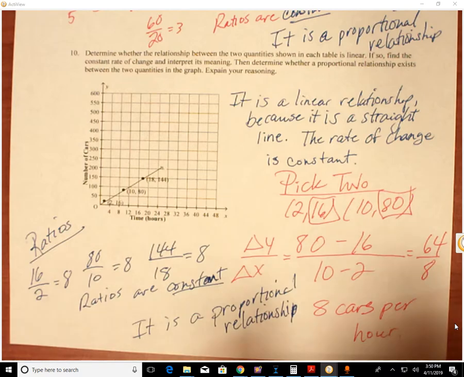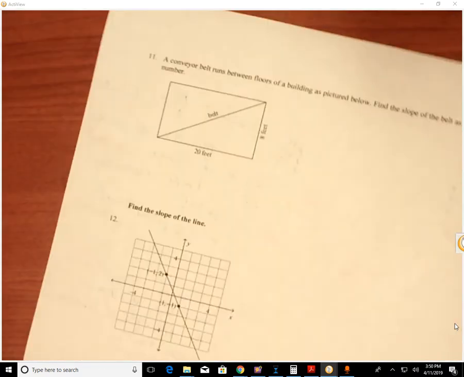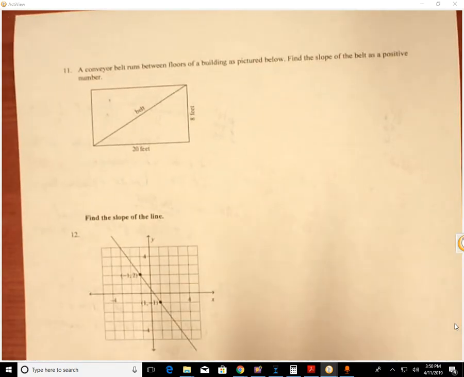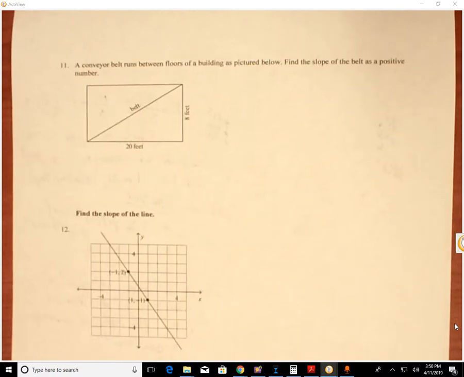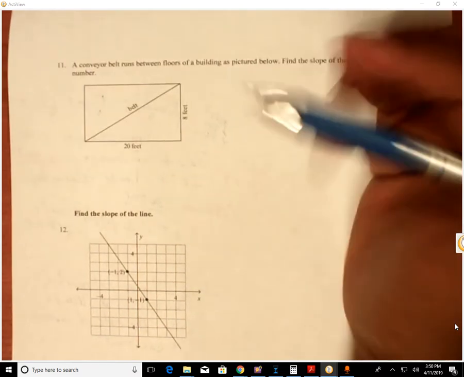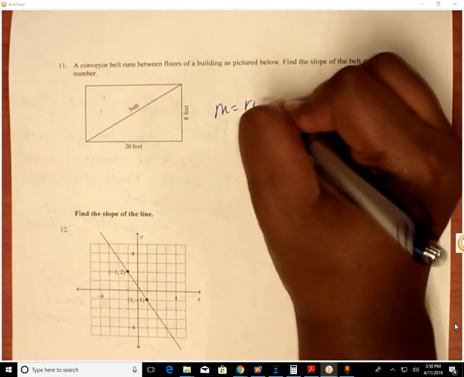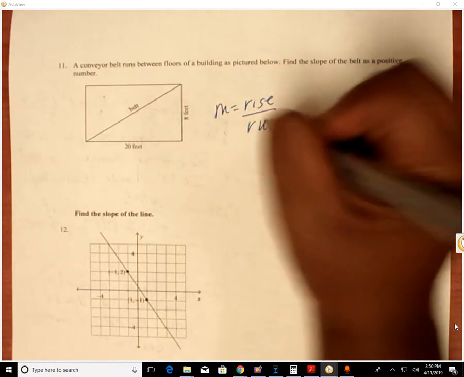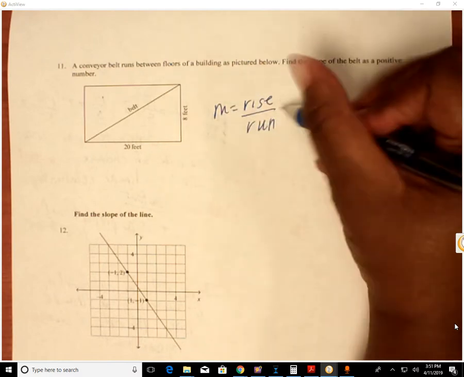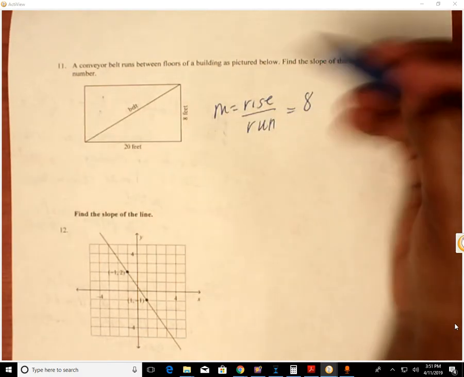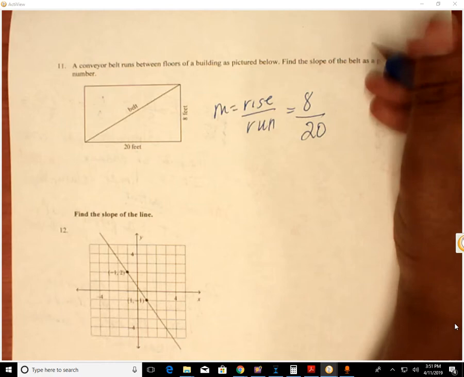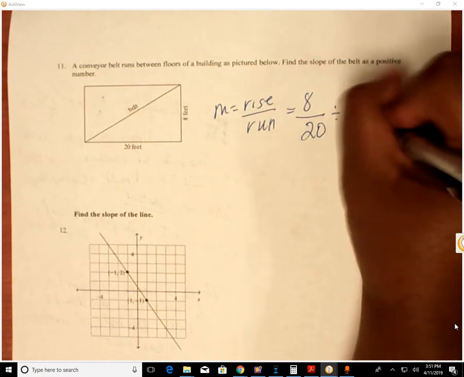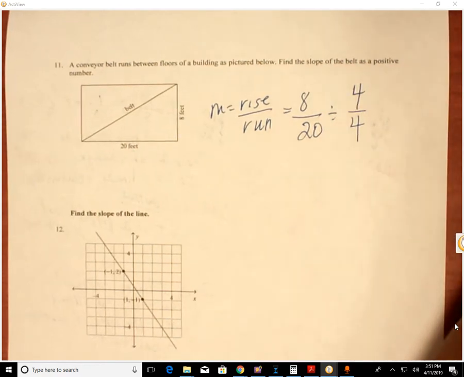Okay. So that is number 10. So let's go over number 11. 11 we did today is bell ringer. It is a conveyor belt runs between floors of the building as pictured below. Find the slope of the belt as a positive number. So it is positive. We are using rise over run. Obviously, our rise is up or down, so 8. And then our left to right is our 20, our run. So we're going to simplify our fraction by dividing by 4.